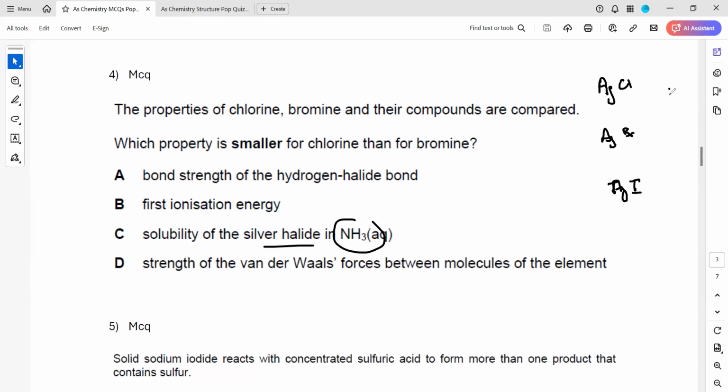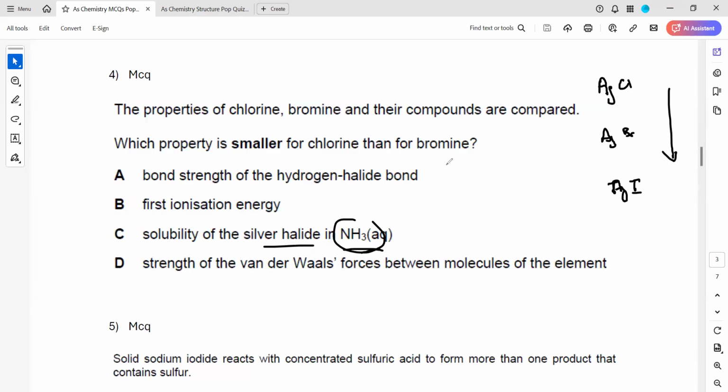When we go down the group, what will happen? Sorry, I mean solubility in aqueous ammonia. Yes, right, Mira. The solubility in aqueous ammonia is decreasing, right?